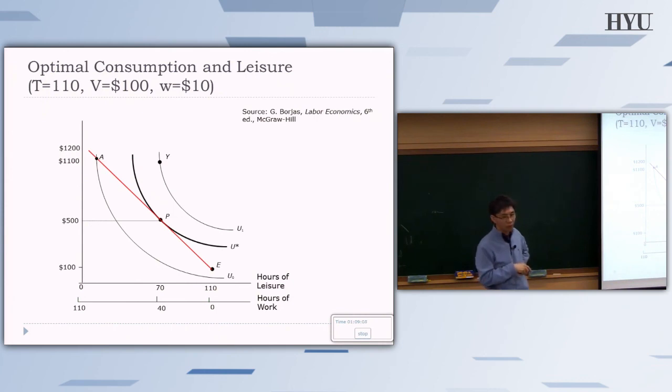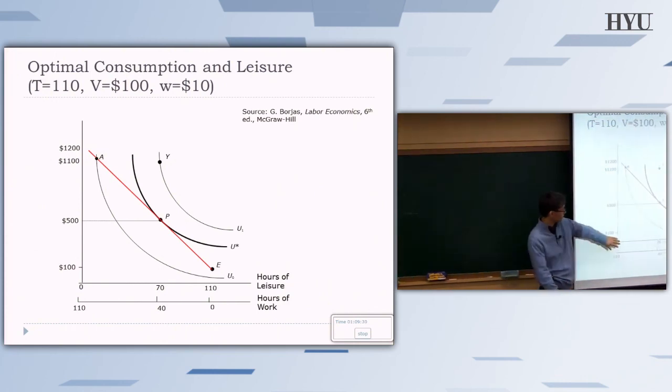This is a weekly figure, so 110 is the total weekly hours. Given the budget line and indifference curve, this person chooses 70 hours of leisure, which means how many hours of work? 40 hours of work.